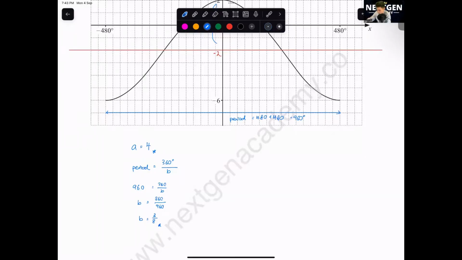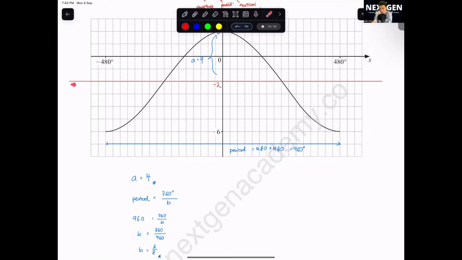Okay, next one, question c. What is c? c is your vertical translation, right? How do I know what my vertical translation is? How did the graph move? How did the graph shift? You compare with the original graph, correct? So the original one, you see why I drew the middle point?